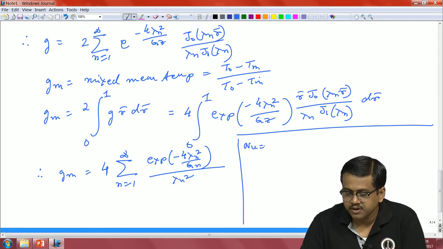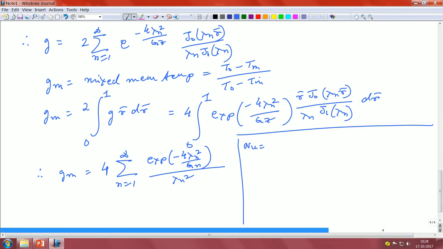Similarly, your Nusselt number, which will be one of the most important parameters over here, will be, see, all these series converge pretty fast. So, you do not need to consider a whole lot of terms to get convergence.